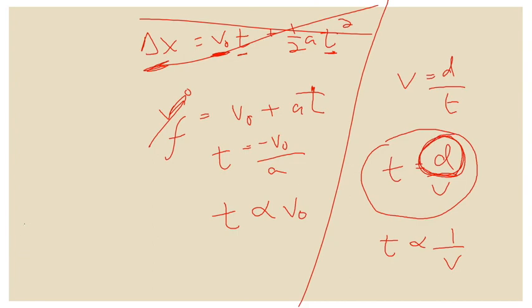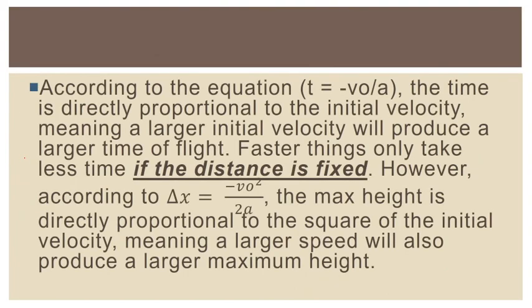And according to the equation that we developed earlier, the relationship between the initial velocity and the max height, if the initial velocity increases, the maximum height increases as well. And so an answer could look something like this. According to the equation t equals negative v naught over a, the time is directly proportional to the initial velocity, meaning a larger initial velocity will produce a larger time of flight.